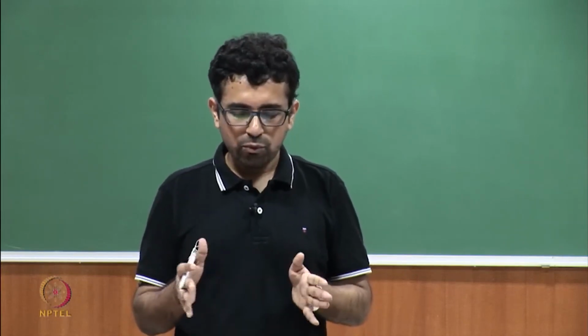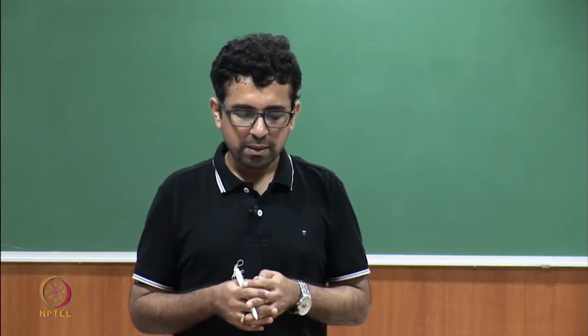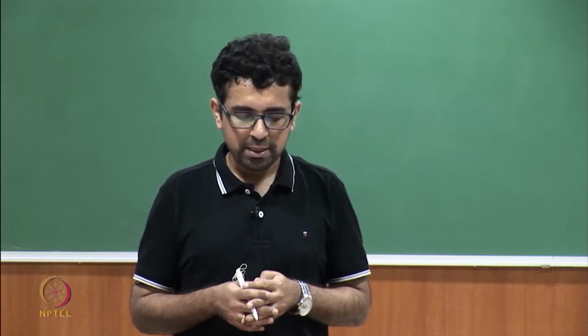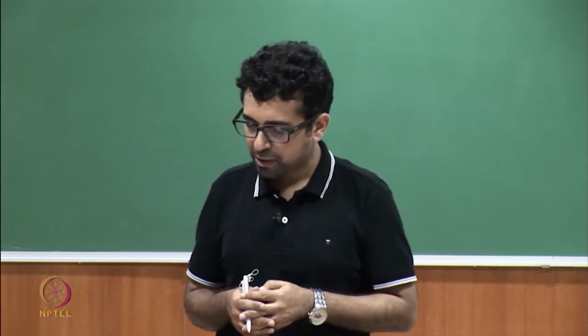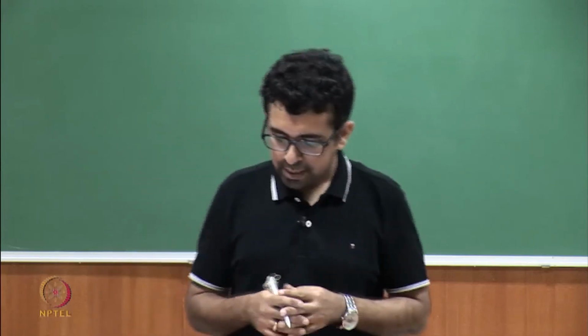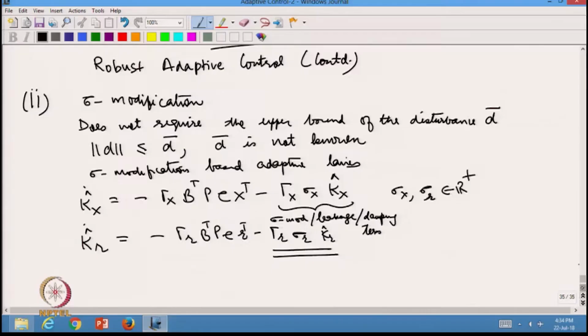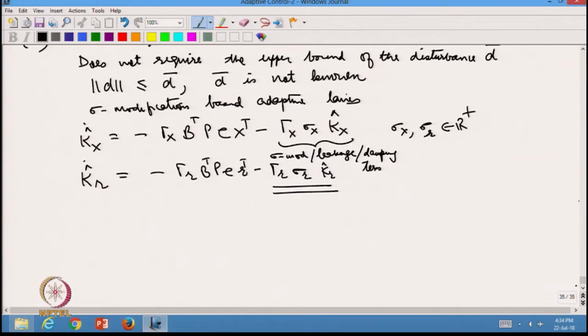So, of course, we need to prove how Lyapunov stability or boundedness can be proved in such a scenario. Let us go ahead and jump into the Lyapunov analysis and see if these modifications can indeed lead to some notion of stability or boundedness. So, let us consider the same Lyapunov function candidate as before.